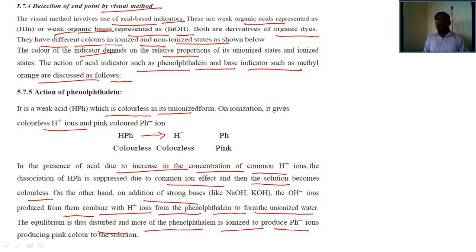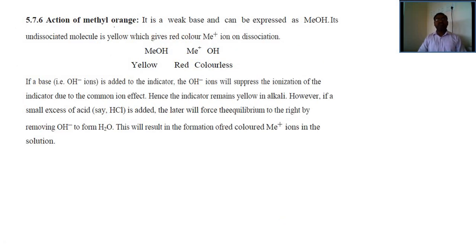It is pink in color. Actions of methyl orange. Methyl orange is a weak base. It can be expressed as MeOH. Its undissociated molecule is yellow in color. It reacts with acids and gives a red color.